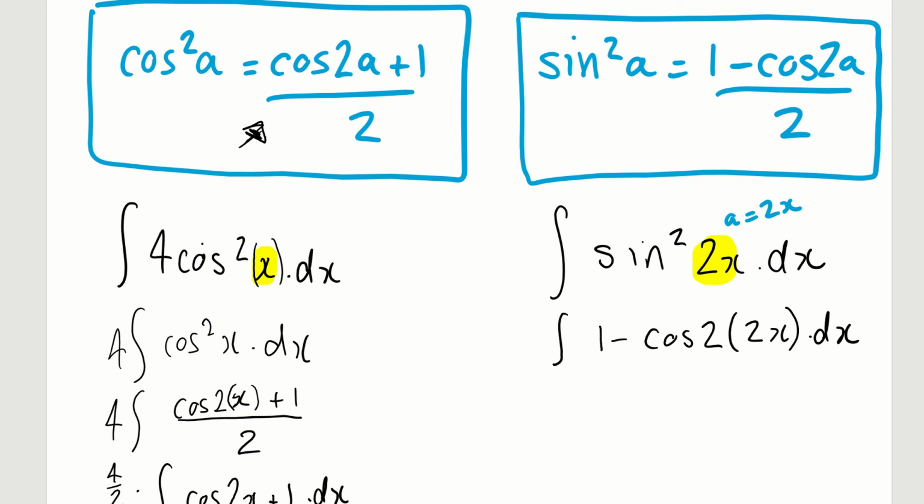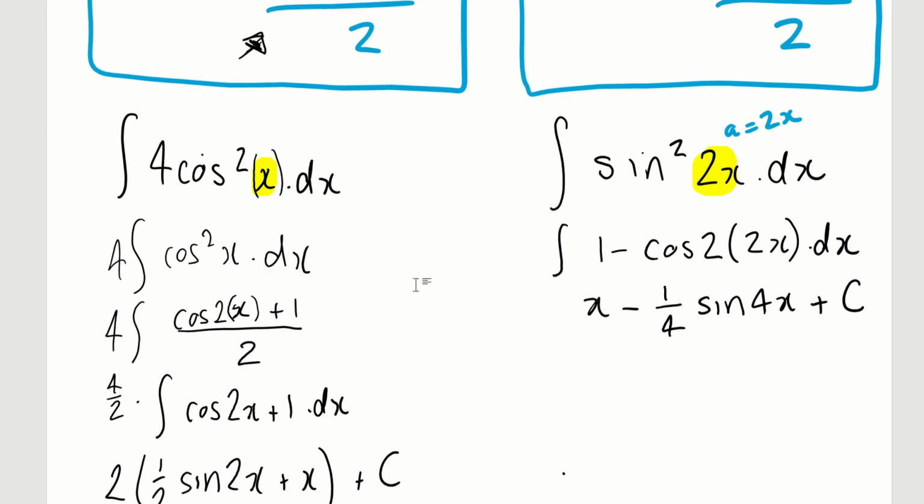Which then I say, well, that's just x minus, now that's 4x, so 1 over 4. Cos integrates to positive sine. And there's my answer. And those both were straight out of the HSC exam. I think either in multiple choice, they usually are, or in your very next question 11.